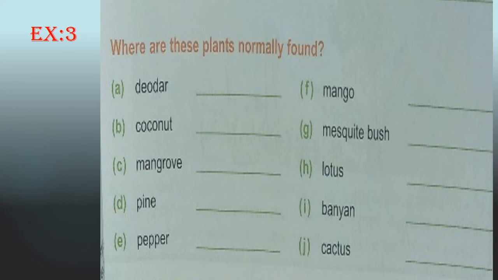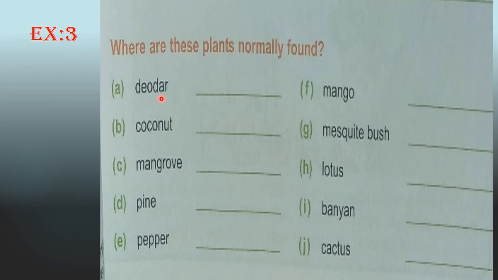So here comes exercise 3. Where are these plants normally found? Here are the names of some plants and you have to tell in which places they grow. I am just going to tell you two. Rest of them you are going to do by yourselves. Number 1 is deodar. Where does it grow?